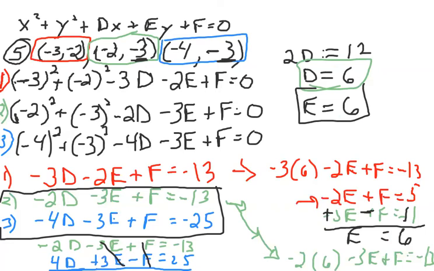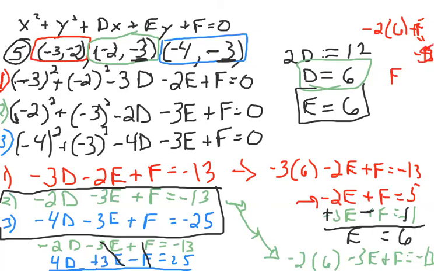And when I do that, I get -2 times 6 plus f, and that's equal to -13. I'm sorry, that's equal to 5, not -13.